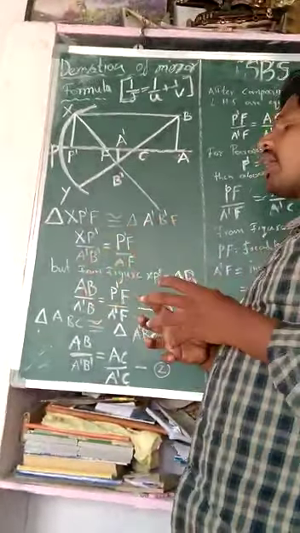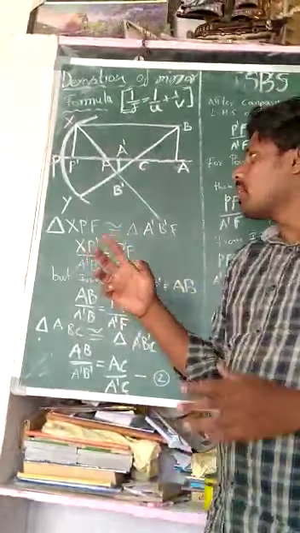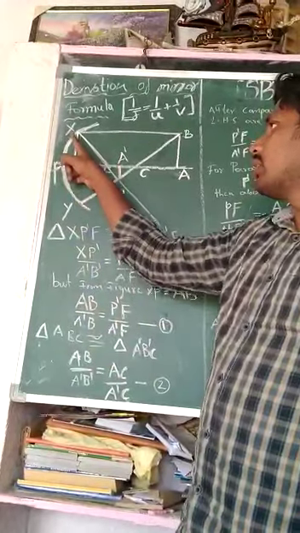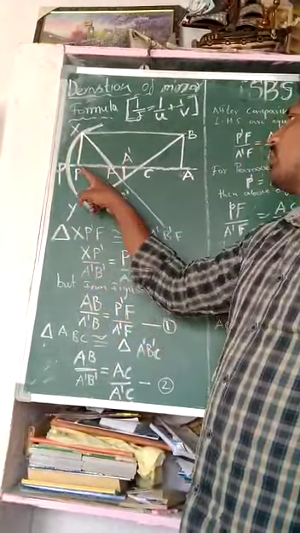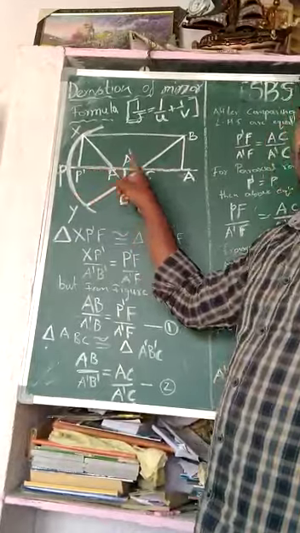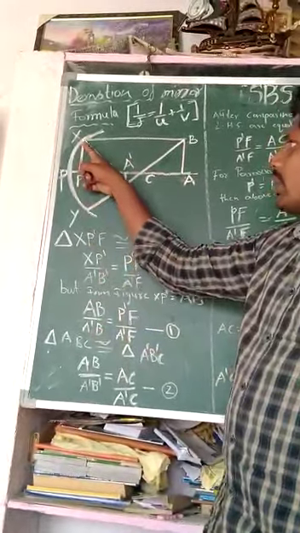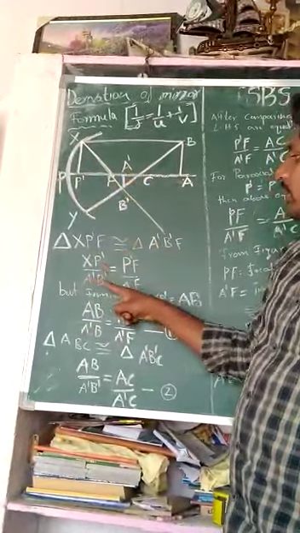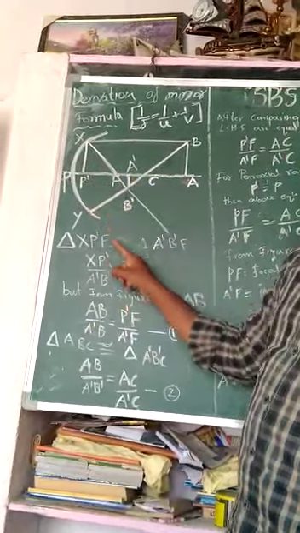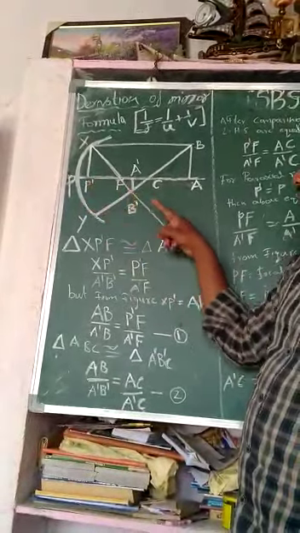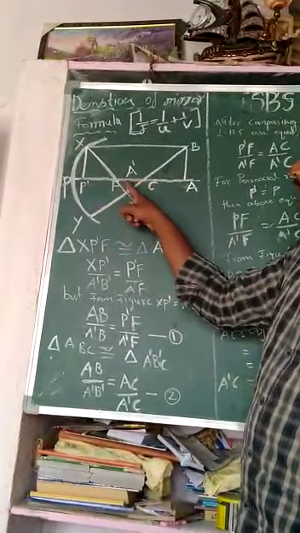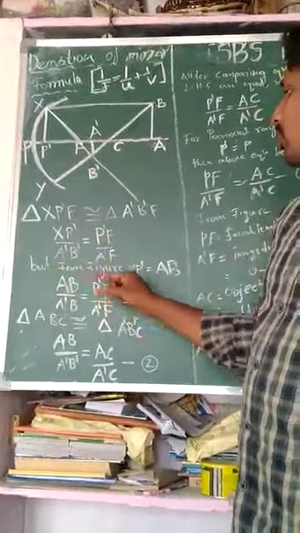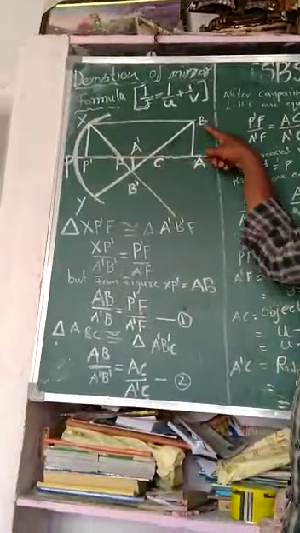If any two triangles are similar, they must possess one relationship: the ratio of their opposite sides must be equal to the ratio of their base sides. From the first triangle the opposite side is X P dash, from the second triangle A dash B dash. Next, the bases: first triangle base P dash F, second triangle base A dash F. But from the figure, X P dash equals AB.